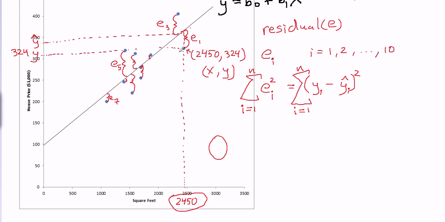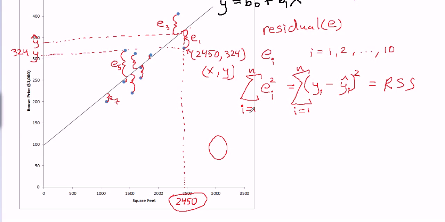The points below the line are going to give us negative residuals. The points above the line are going to give us positive residuals. If you sum them up, they will give us 0. We square them to get rid of the negative sign. And so we're talking about the sum of the squared residuals here. And this has a name, RSS, and that stands for residual sum of squares.